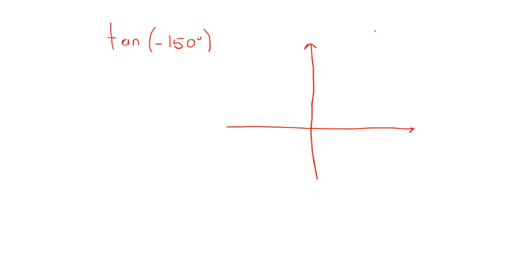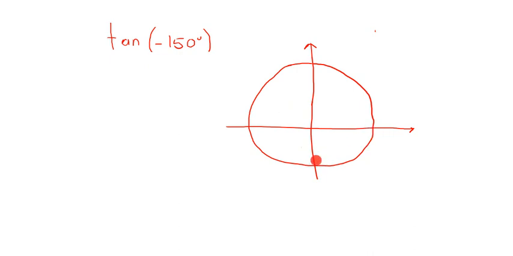So it's going to be about here, and I can change the color of the ink I'm using. So we know that this part is going to be 150, it's negative, and of course this part here is going to be 30 degrees.